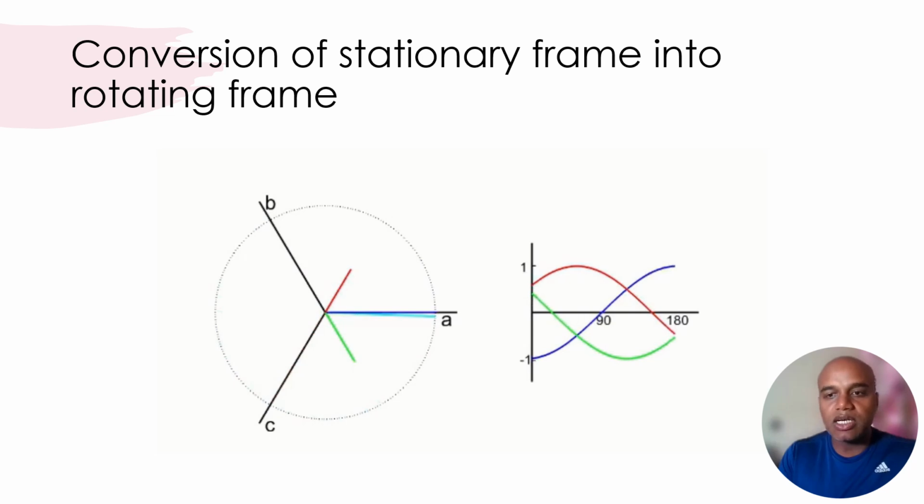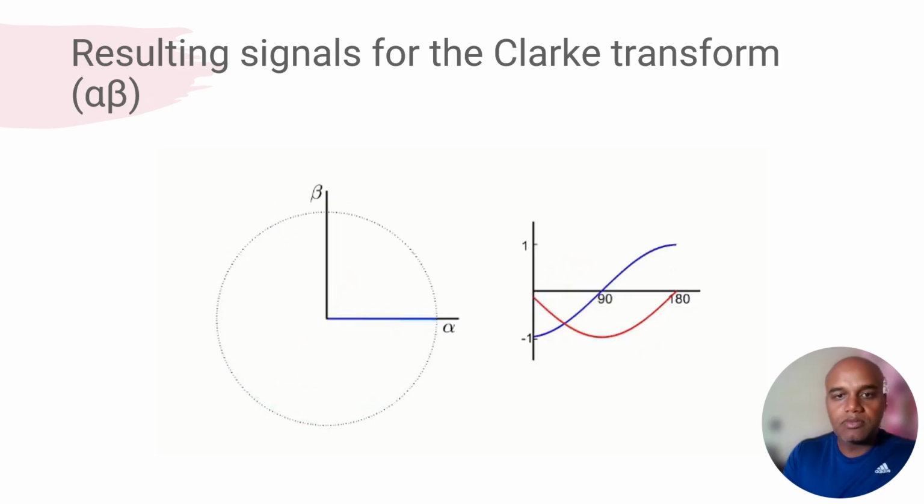All three phases are converted into the two-phase reference frame by the Clark's transformation, which is shown here. As we have seen in the previous video, Clark's transformation converts my three-phase ABC reference frame into two phases placed orthogonally.